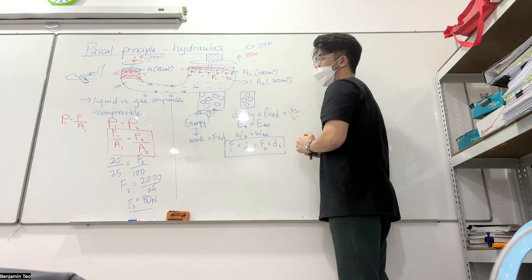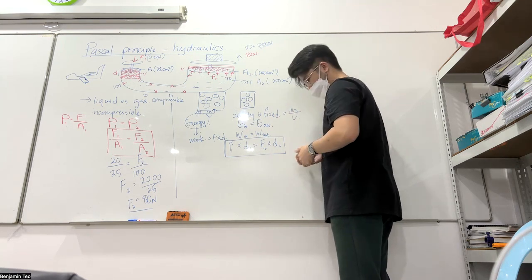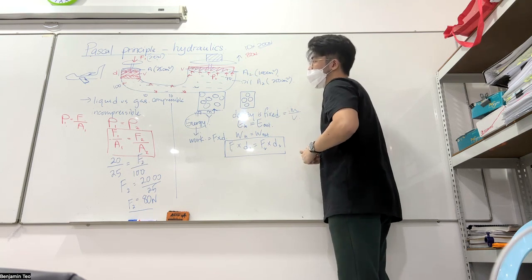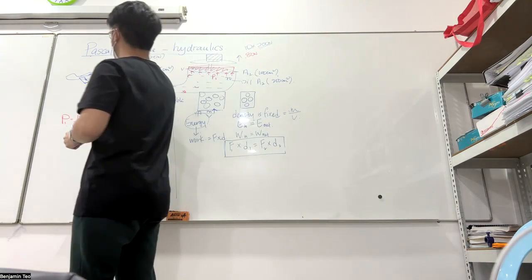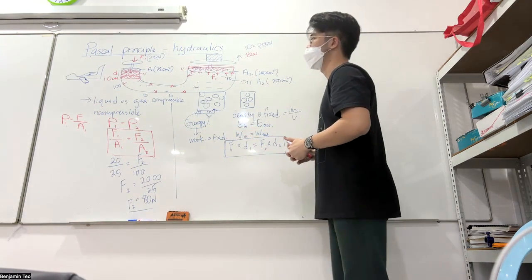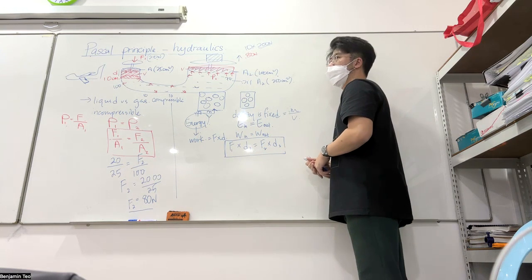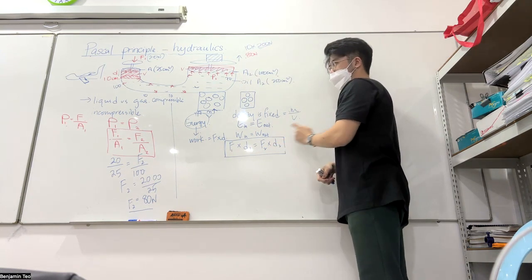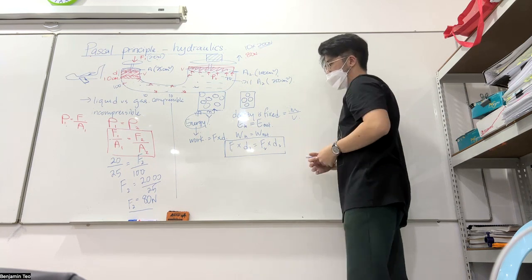Now, taking the same example, I apply 20 Newton, right? Let's say it comes down 10 cm. Can we find how much this one rises on the other side? Yes, using this one.